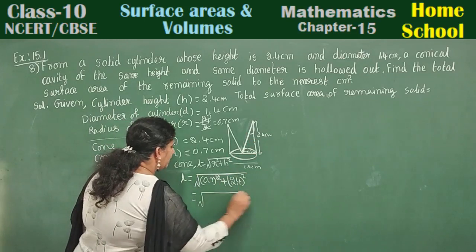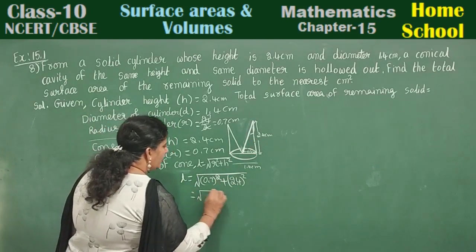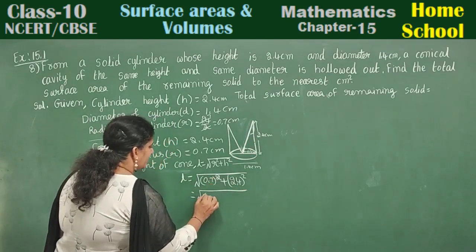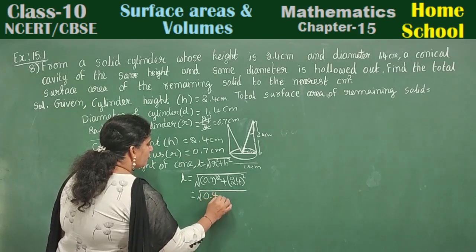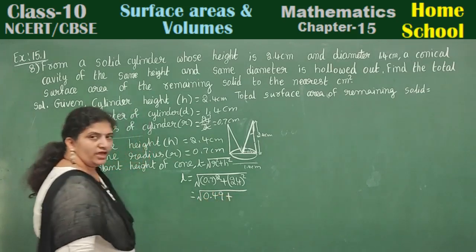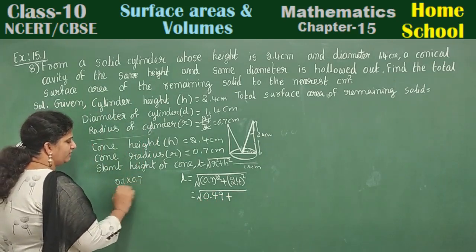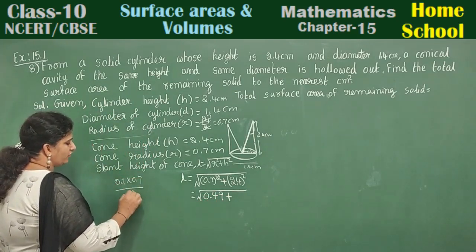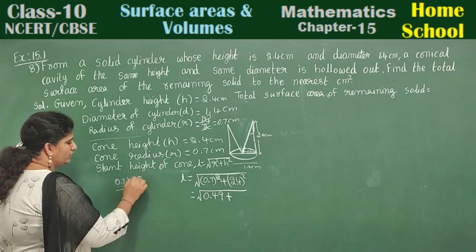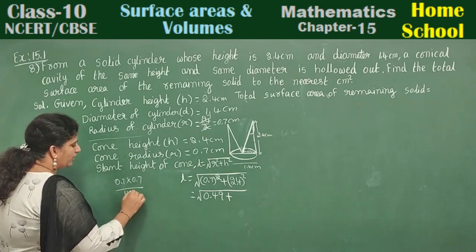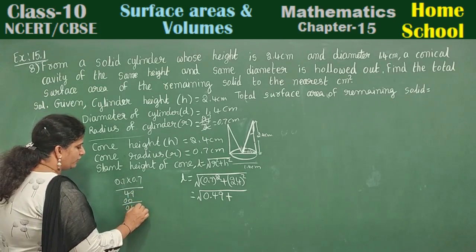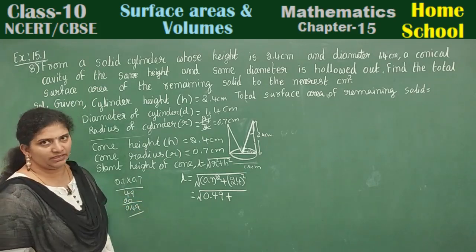If you multiply 0.7 into 0.7, it will be 0.49. If you want, you can calculate and see: 7 sevens are 49, so 0.49 is your multiplication.